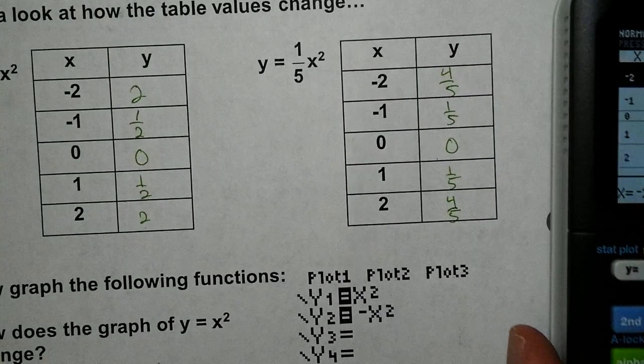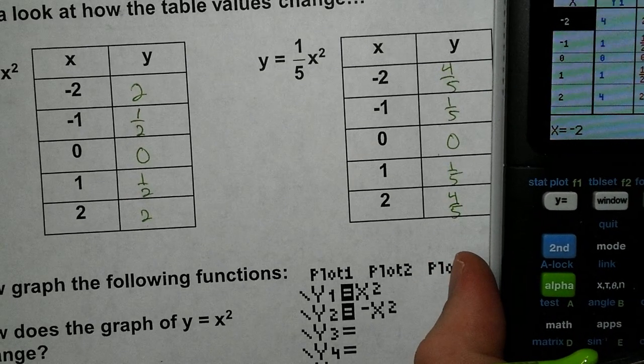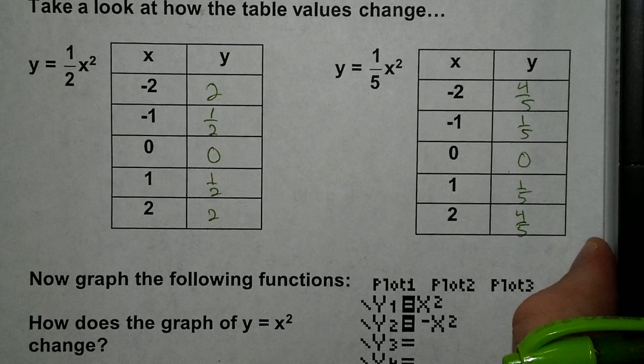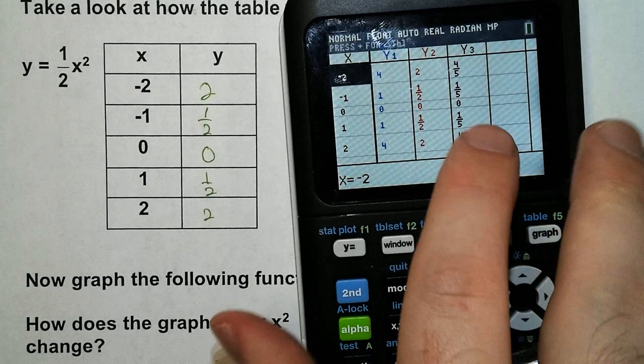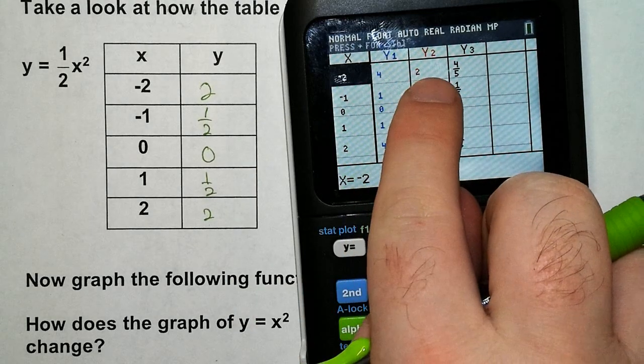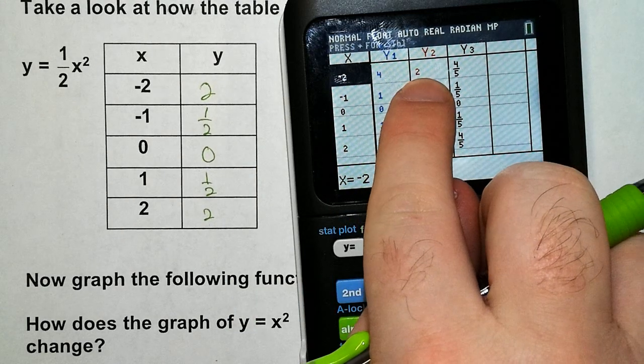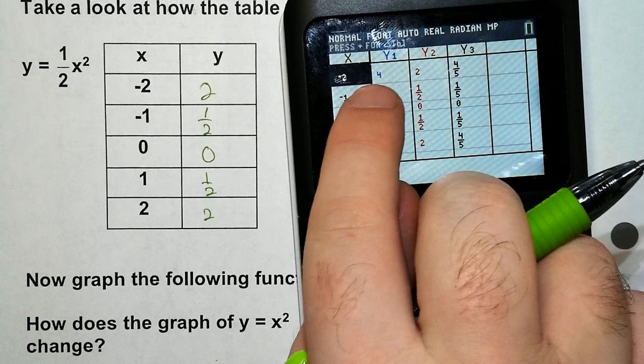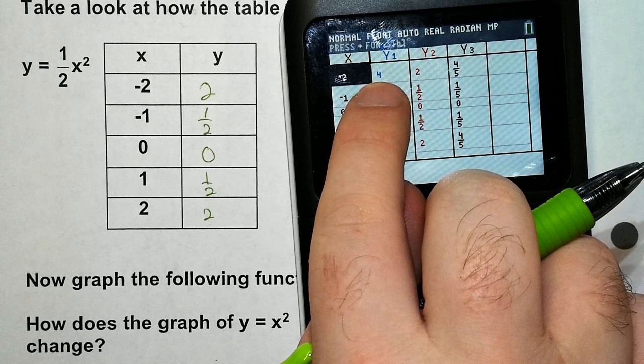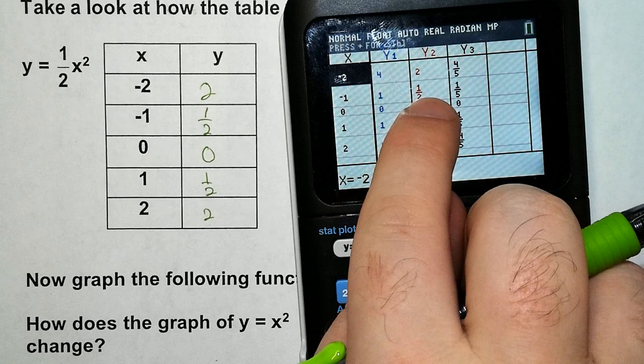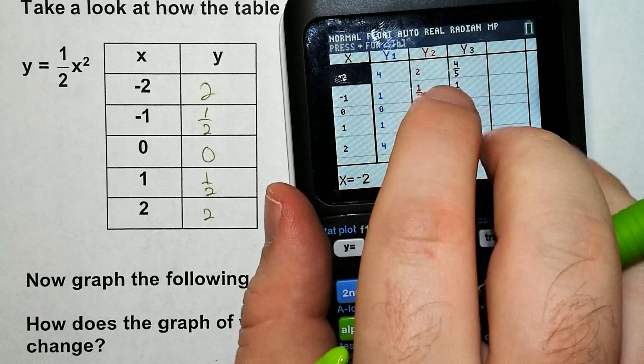So let's see what happens each time. Well, from the blue one to the red one, from 4 to 2, this is half the size of that, right? From 1 to 1/2, that's half the size of that.